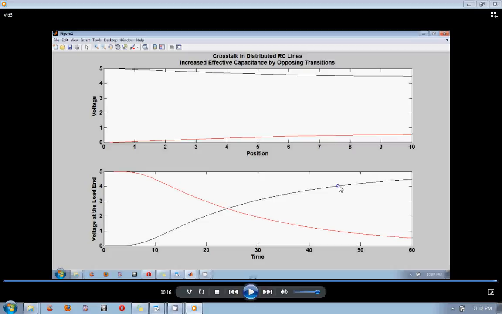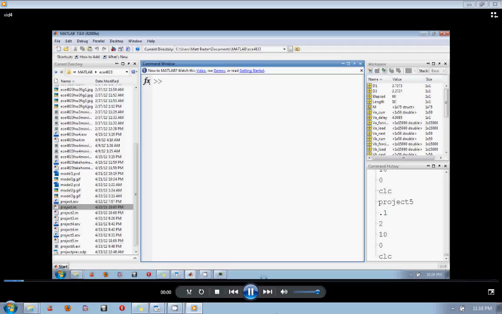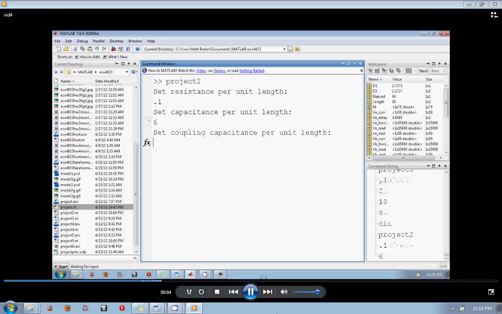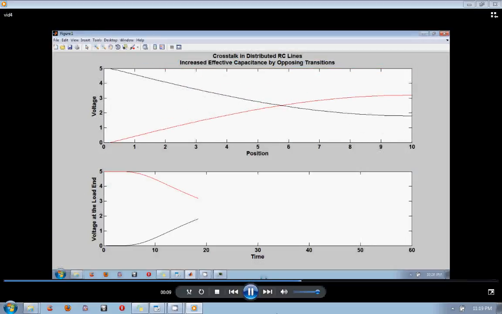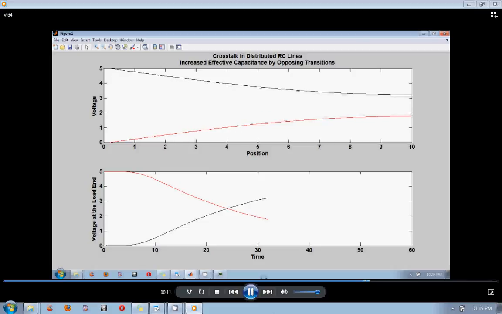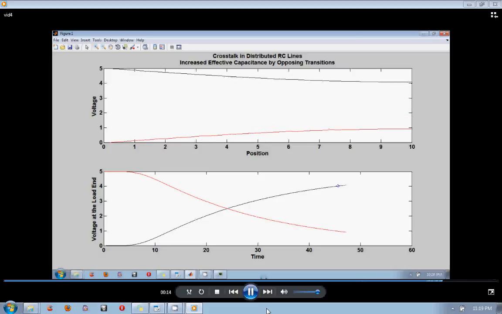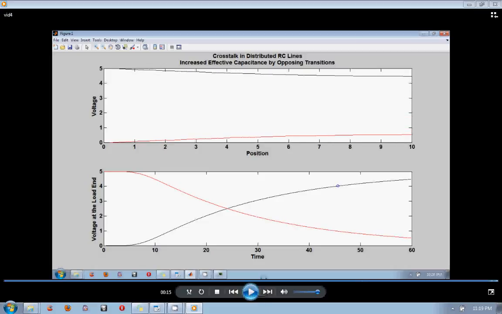What will happen if the normal capacitance is set to 6 and C sub C is set to 0? Again, it takes 46 time units to cross the threshold, which follows the effective capacitance rule for opposite transitions.